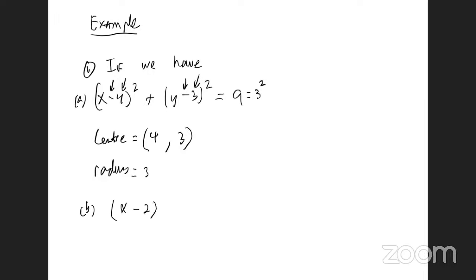Try this next one. X minus 2 squared, y plus 4 squared is equal to 25. Tell me what is the center and what is the radius.